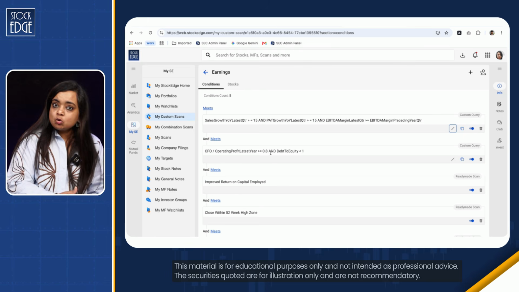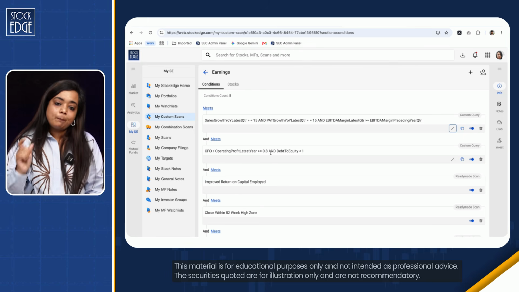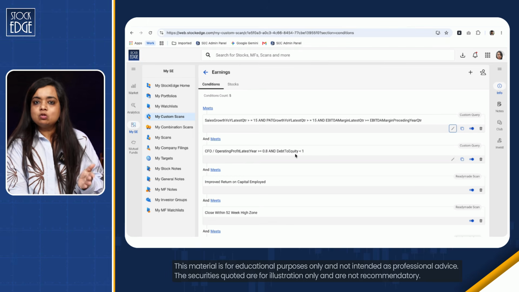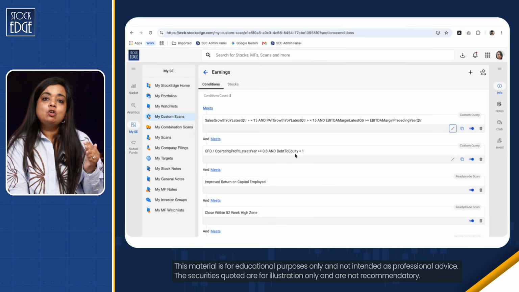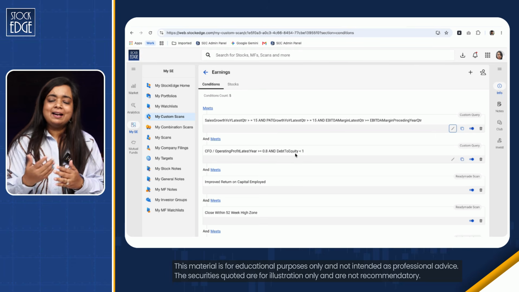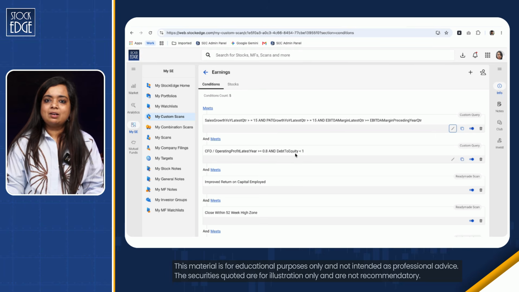Hence, I'm also looking at the cash flow from operations, and to that I'm also adding a feature of leverage, which is debt to equity should be lower than 1. Now we must understand that debt is not always bad for the company.